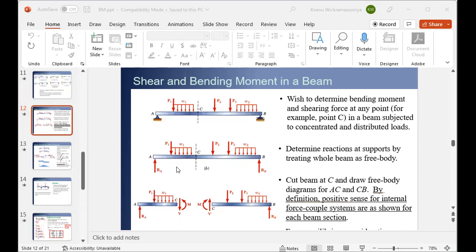Yes. So you need to compute two things if it is a complex distributed load. One is the area under the load, which will give you the resultant magnitude. And the other one is the centroid point of that distributed load, which will give you the point of action.